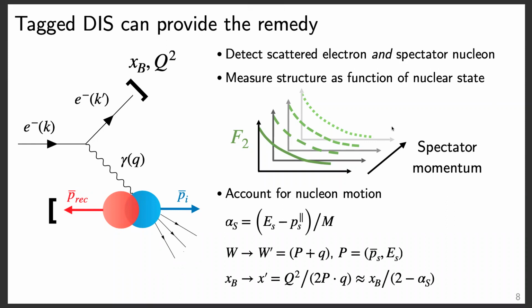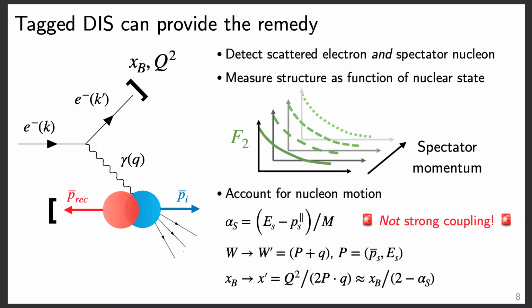So just some of the variables that you can reconstruct with tagged DIS. There's alpha S, which is the light cone momentum fraction of the spectator nucleon. This is not the strong coupling. This has been a source of confusion in previous talks. It's completely independent of that. And basically, it's just the energy of the spectator minus the longitudinal component of its momentum relative to the Q vector.